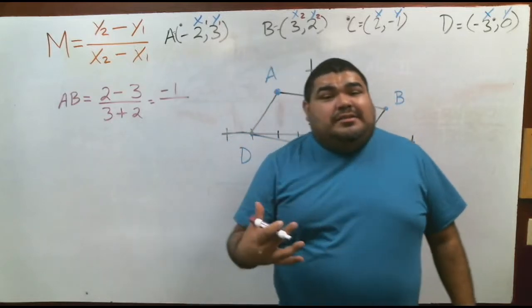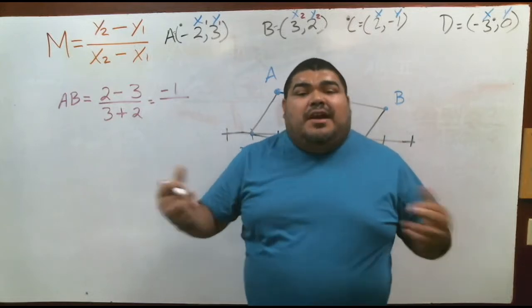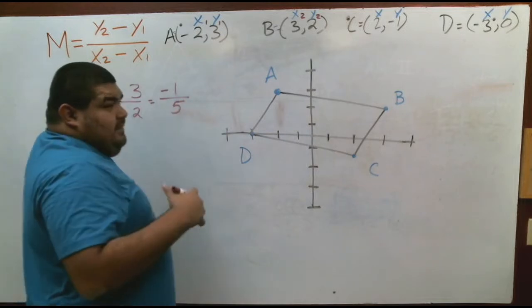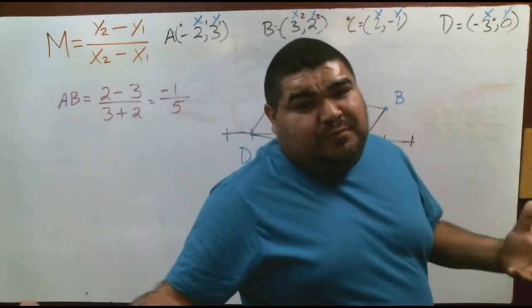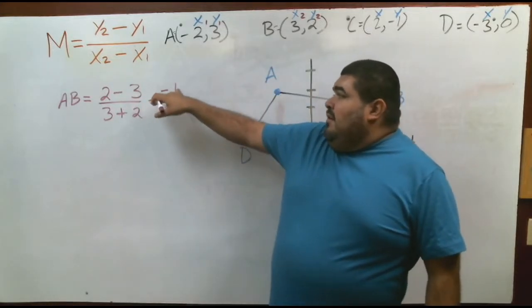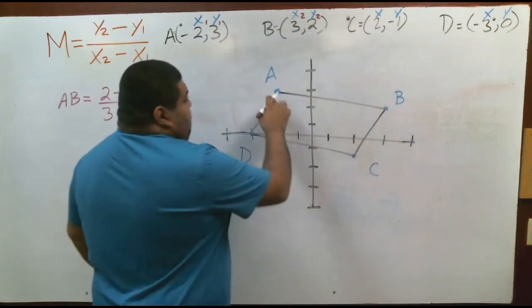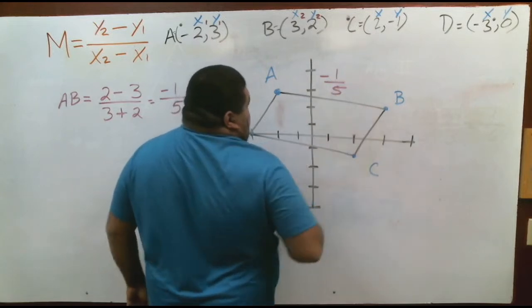Since they're both positive, we just add them, okay? 3 plus 2 is 5. Since it can no longer reduce, it already is in prime form. Your answer is negative 1 over 5. Okay, so negative 1/5. So AB is negative 1/5.